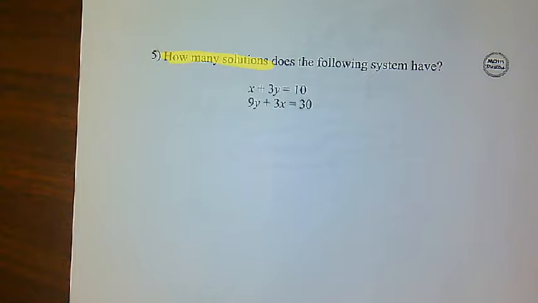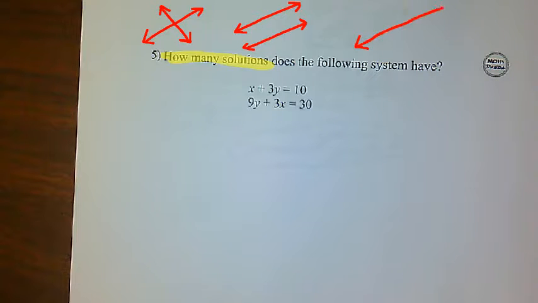So right there, that should be a red flag to you. Remember our options, just to refresh. When we have linear equations, we're either going to have one intersection or one solution, no solution if they are parallel, or infinitely many if they end up being the same line.